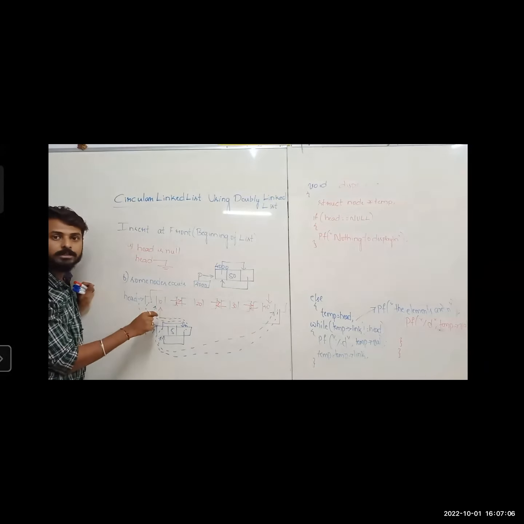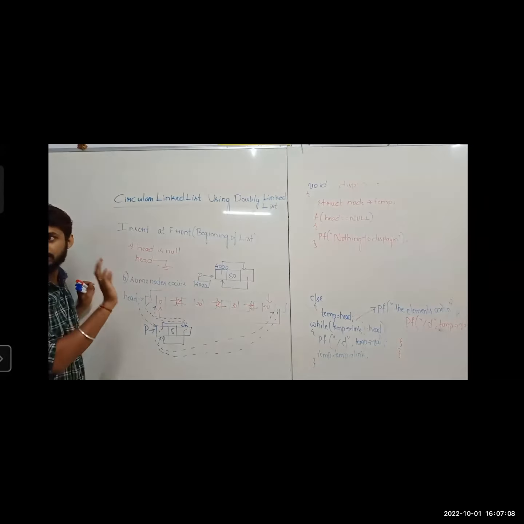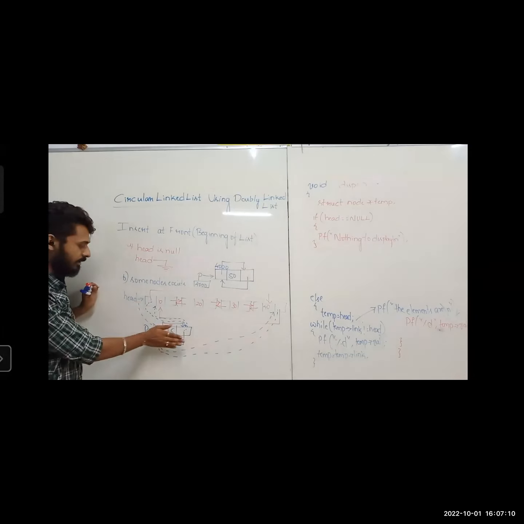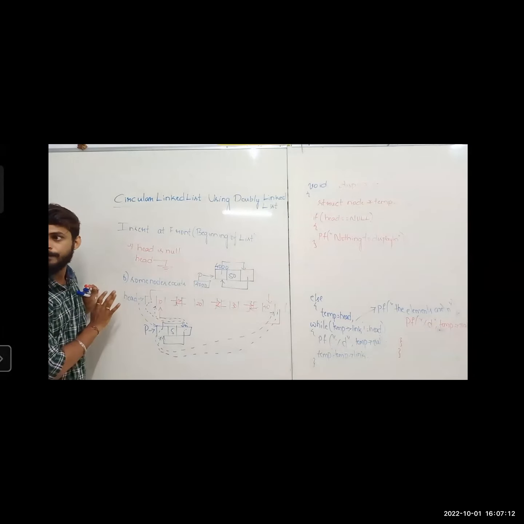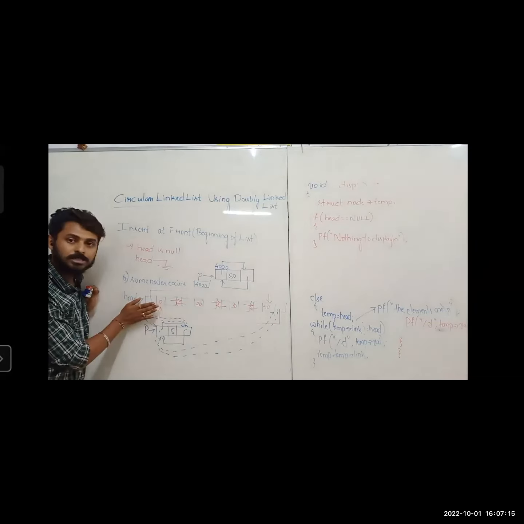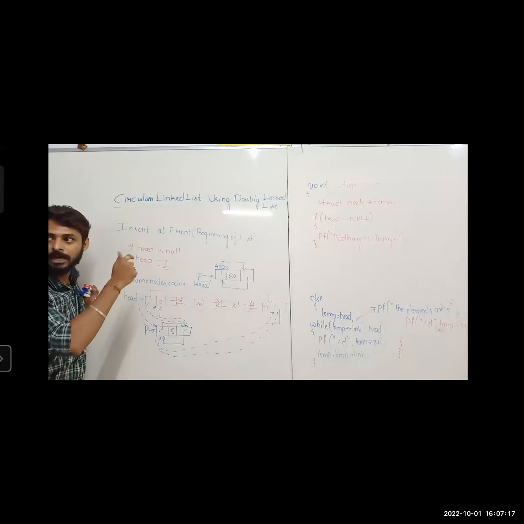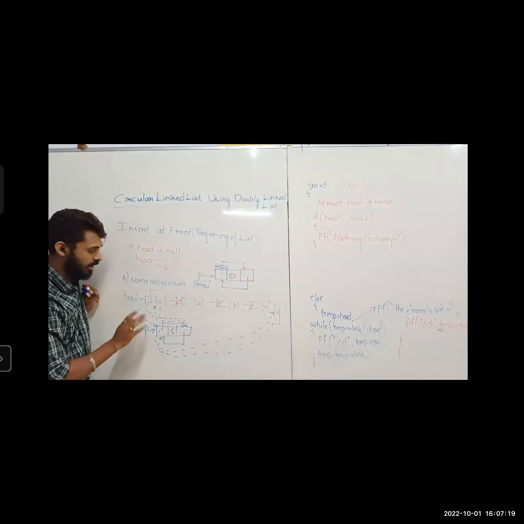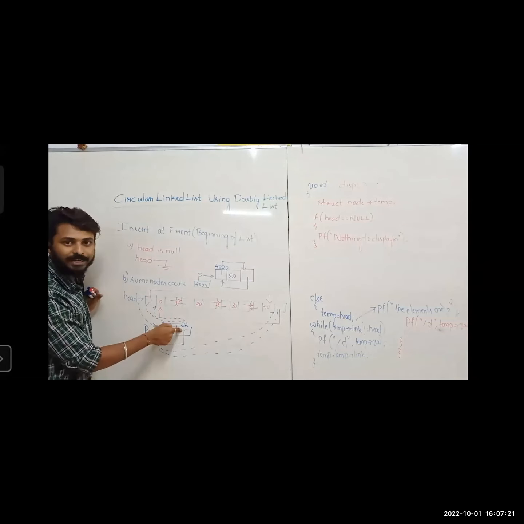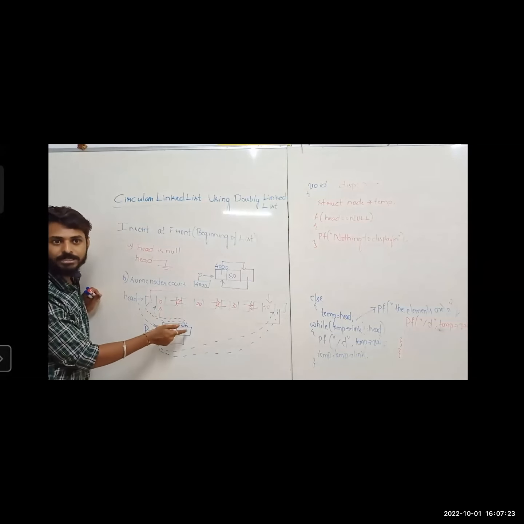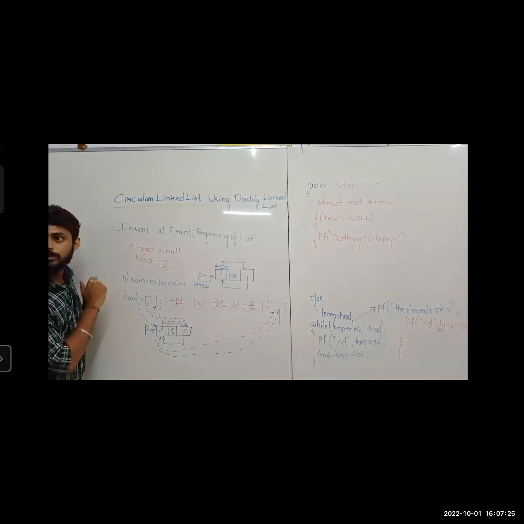Now you think and tell me, the connections in between first and second should also be there, right? If I insert it as first, is it sufficient? Inserting it as first and establishing the connection between first and second. Okay, now think and tell me about the right connection. This node's right link should be pointing to the second node.